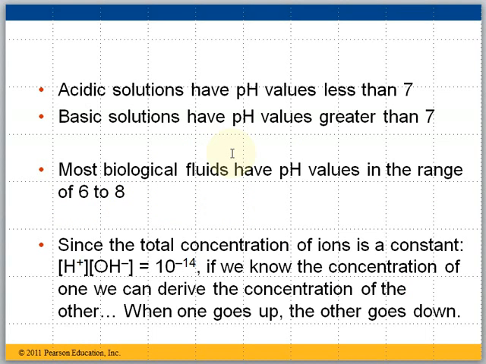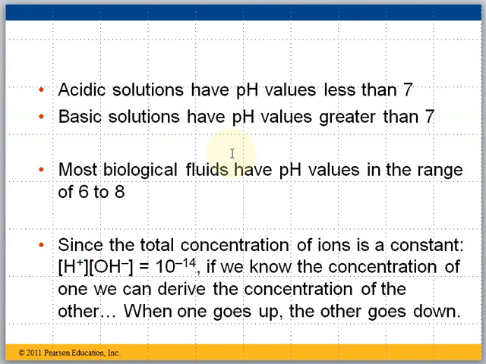In other words, that means you have a greater concentration of the H plus ions. Remember, this is a logarithmic function, and it's of a negative log. So if we have 10 to the negative 6, well, that's a greater amount than 10 to the negative 7. Or if we have 10 to the negative 1, well, that's a greater amount than 10 to the negative 5. So keep that in mind.